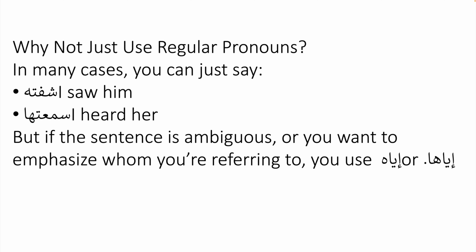But if the sentence is ambiguous or not clear, or if you want to emphasize whom you are referring to, then you would use iyyah there, but pay attention that you need to conjugate it accordingly to who you are referring to, whether it's human or an object.